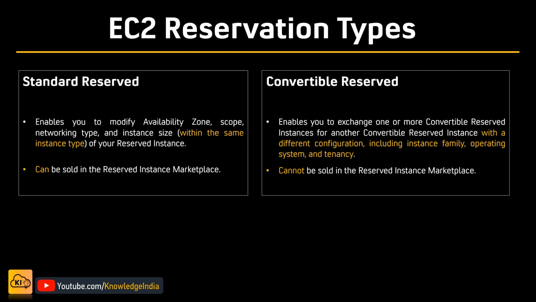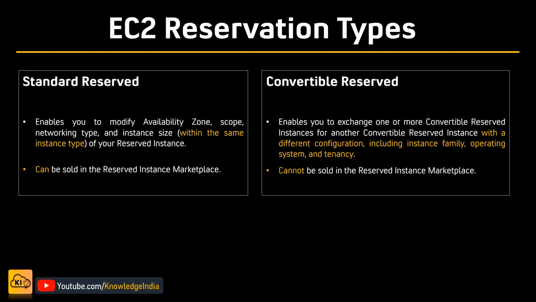The difference between the two is the type of flexibility which you get. Between standard and convertible, the convertible one would be slightly costlier than the standard one. And what's the difference? In the standard one, you cannot really change a lot of attributes once you have gone ahead and done the reservation.